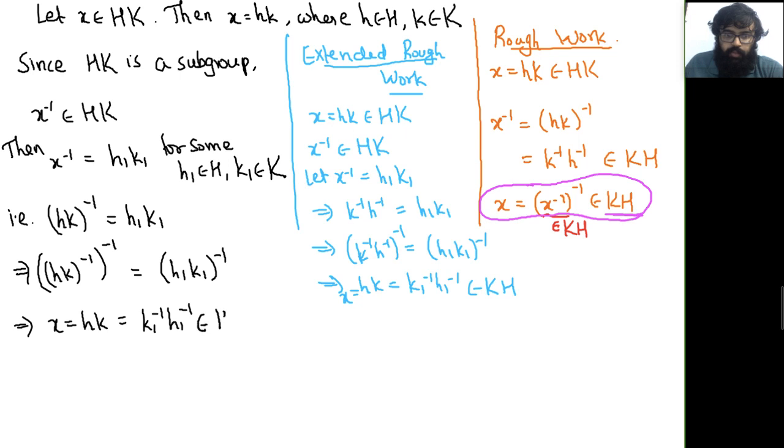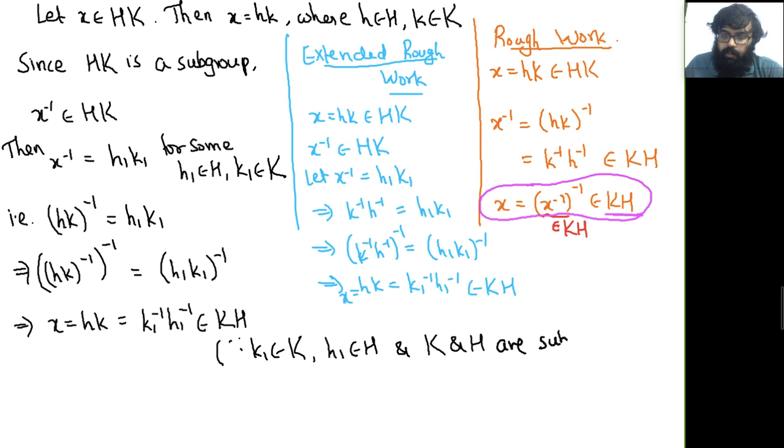This belongs to KH. Why? The reason is, since k1 is an element of K, h1 is an element of H, and K and H are subgroups, k1 inverse is in K and h1 inverse is in H. Therefore k1 inverse h1 inverse is in KH.